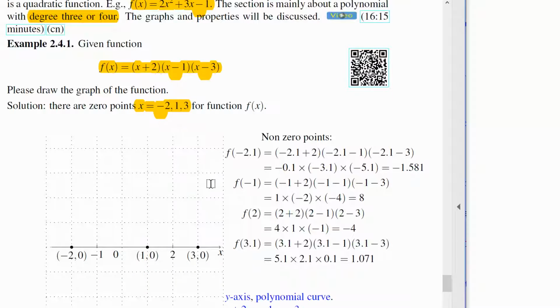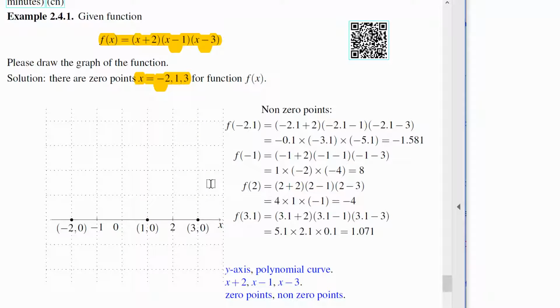Then what you may want to do is to find non-zero points. You may consider the first non-zero point, which is 3.1.